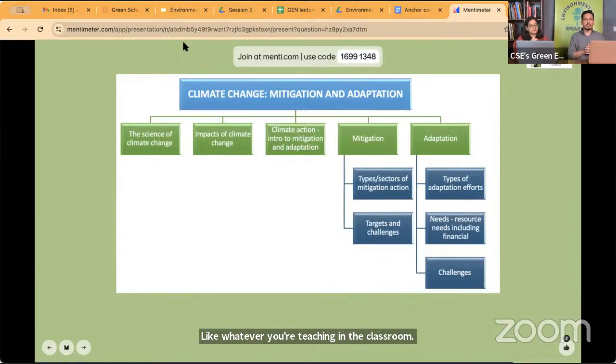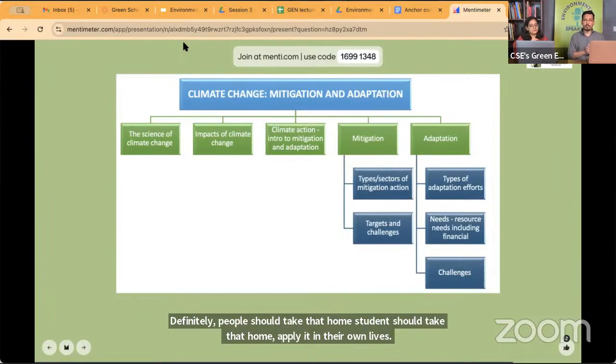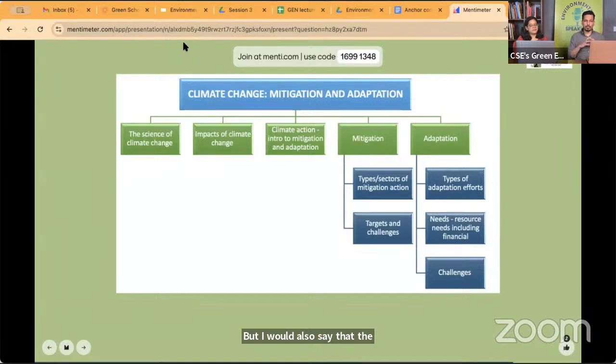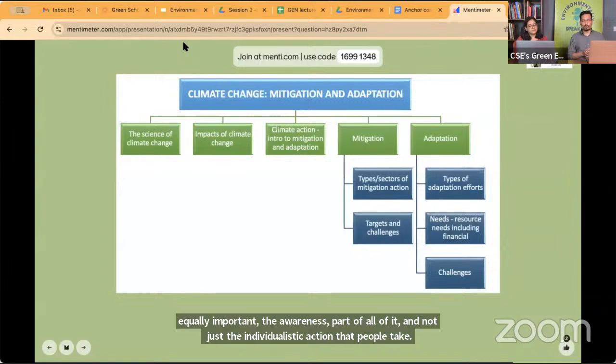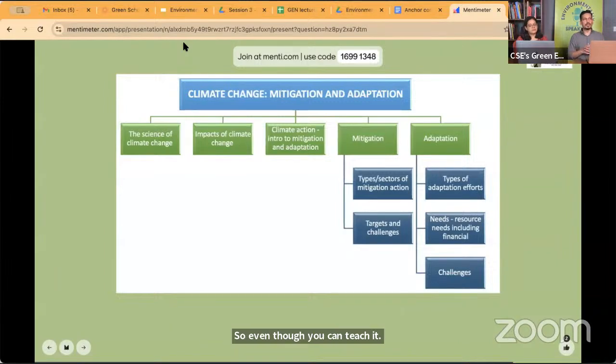But I would also say that the awareness part is equally important, and not just the individualistic action that people take. So even though you can teach it, I wouldn't say it's a failure of the subject if the students are not actually using it in their own life. But importantly, knowing is, I think, a much bigger achievement at this point. I hope I was able to make some sense around it.